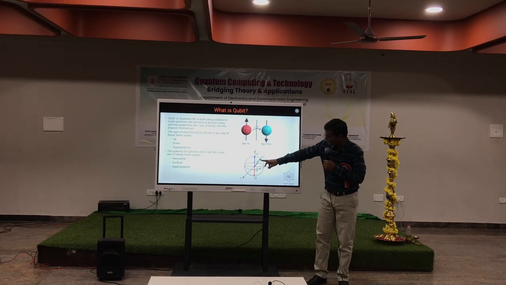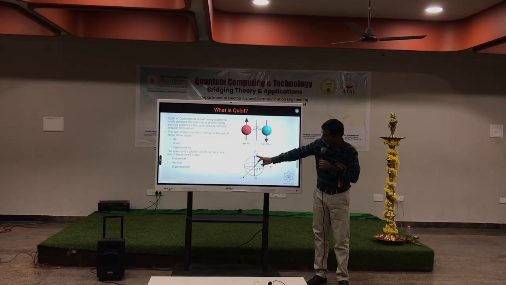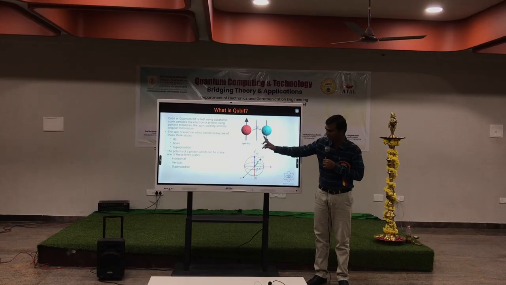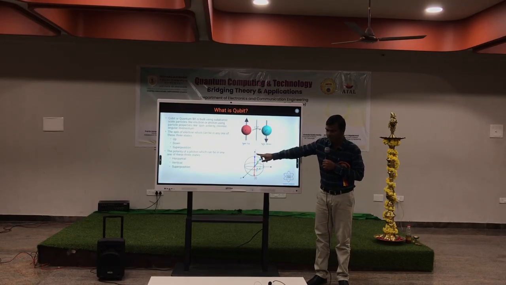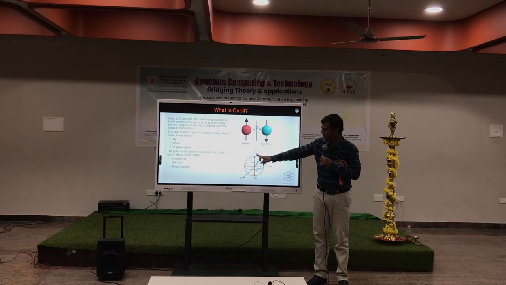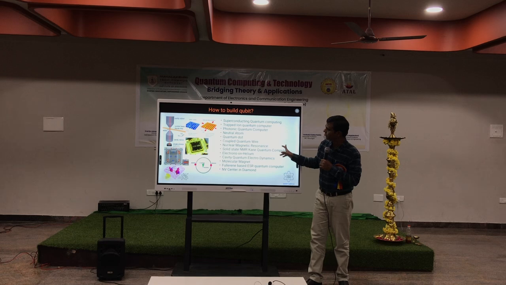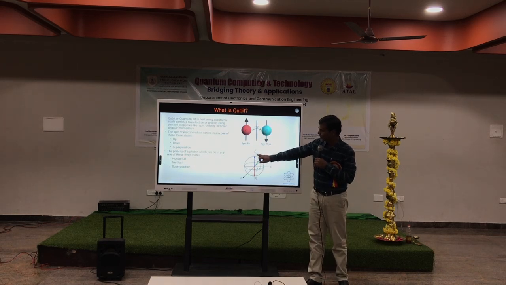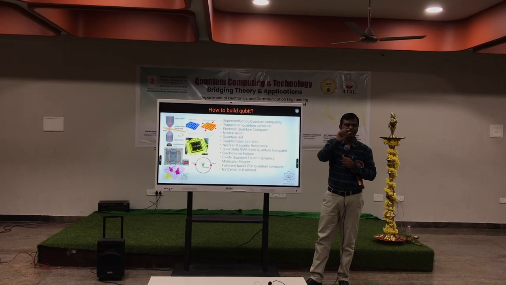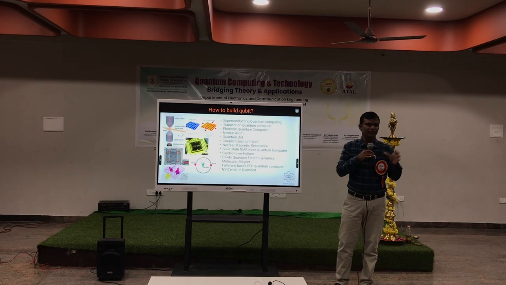And if you see here, this is a weird notation. This ket 0, this notation, is a vertical bar followed by a greater-than sign. This is called the ket notation, and between these two you place 0, which means it is in the ket 0 state, that is, the 0 bit.